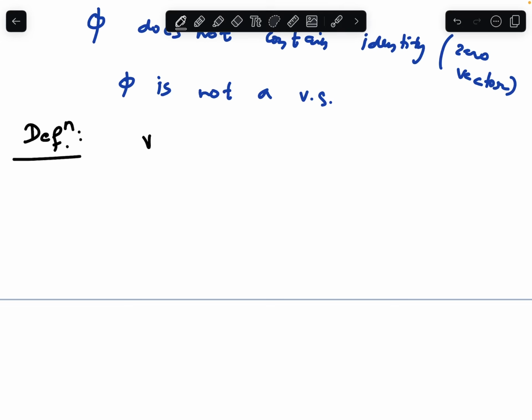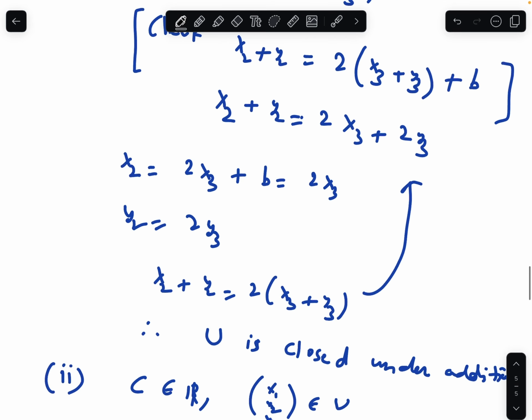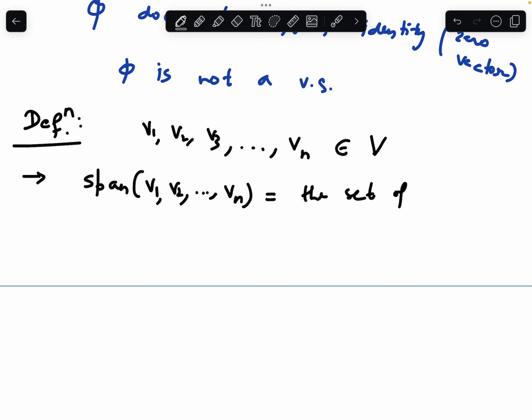So suppose v1, v2, v3, up to vn, they are vectors in some vector space V. So we define the span of v1, v2, up to vn as the set of all linear combinations of vectors v1, v2, up to vn.